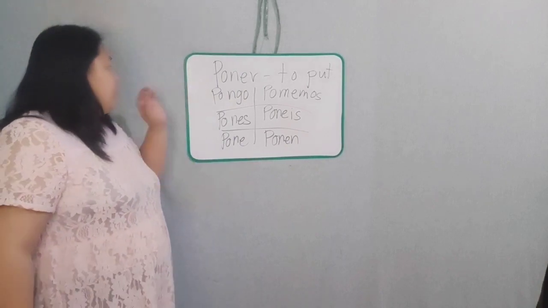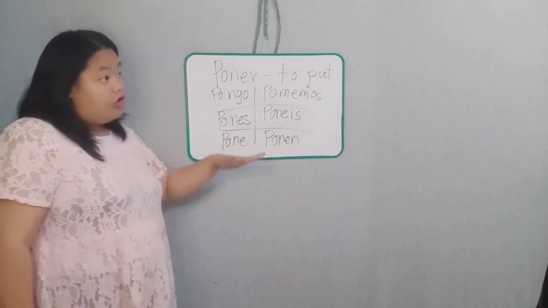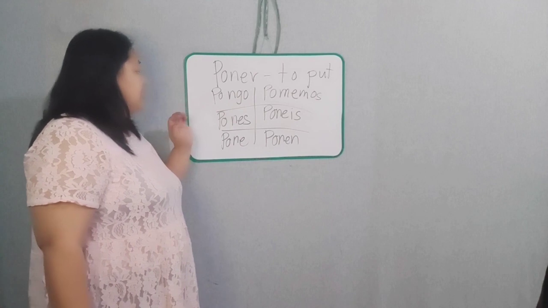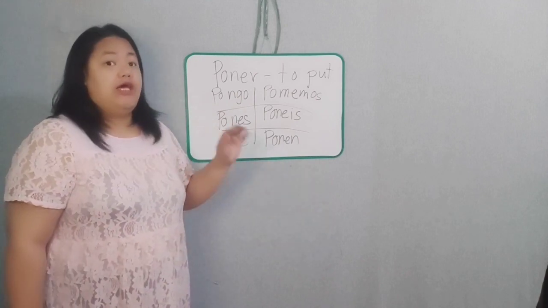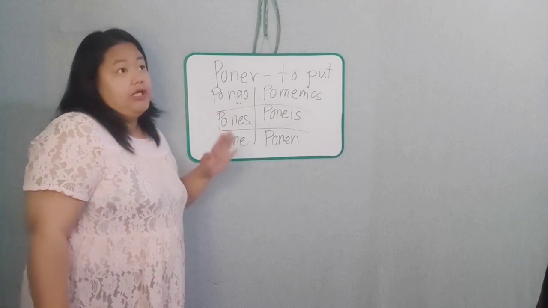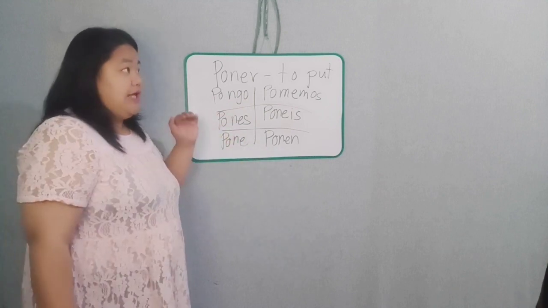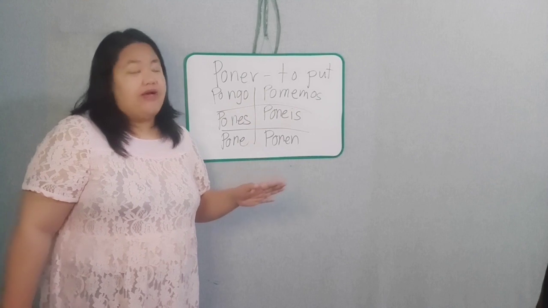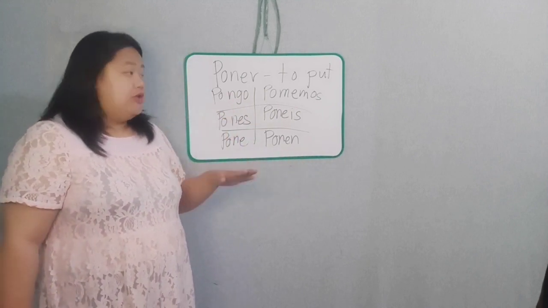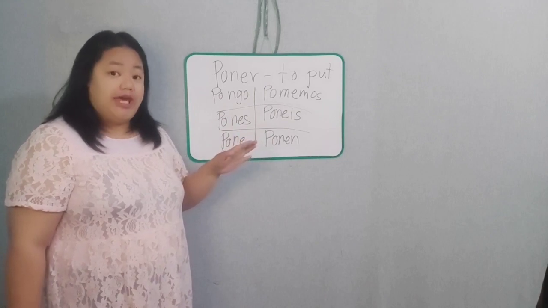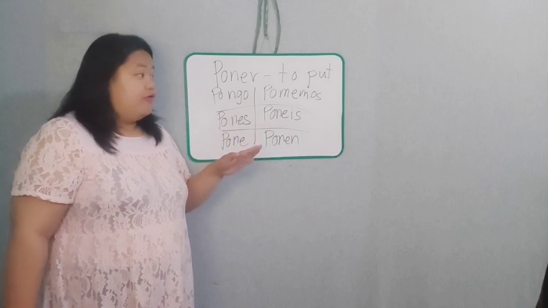So you can now say, yo pongo, I put, tú pones, you put, él pone, he puts, ella pone, she puts, usted pone, you put in a respectful way. We have nosotros ponemos. We put. Vosotros ponéis. You put plural form.